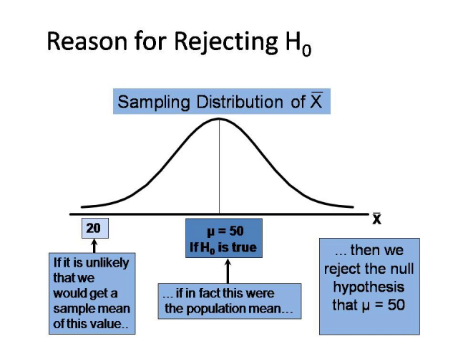So pretty much what we're going to do with our sample, we're going to create the sampling distribution based on the assumption that the null is true. We're then going to see where our sample actually lies relative to that sampling distribution and see whether it's the type of sample result that was likely if the null was true, or whether it's an unlikely result to have happened if the null was true.